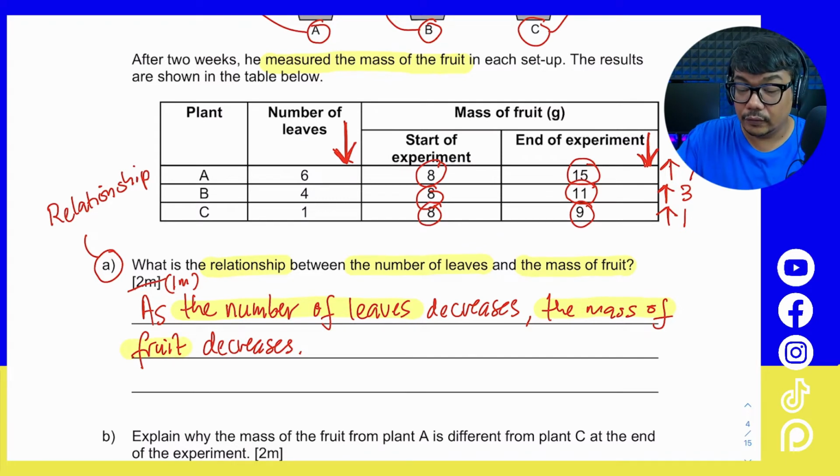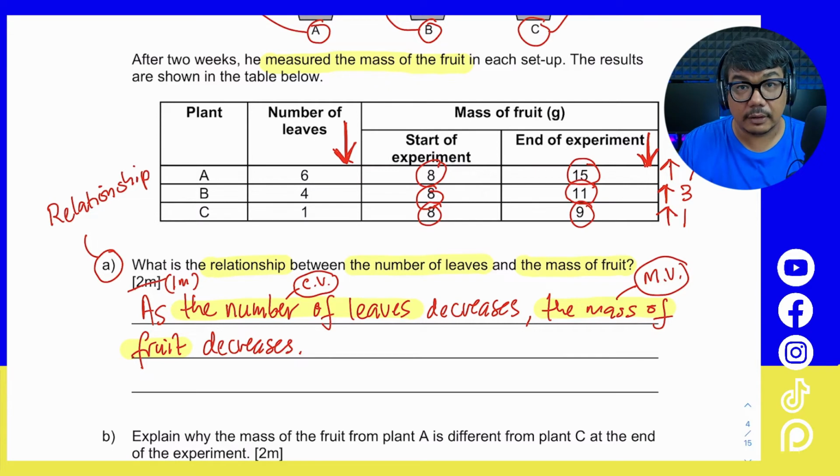These two variables are very clearly your change variable and your measured variable. The number of leaves is your change variable, correct? And the mass of the fruit is your measured variable. Sometimes I call it the recorded variable as well.